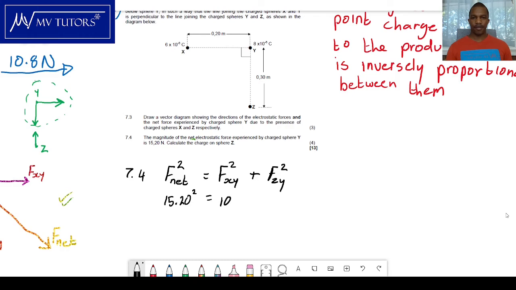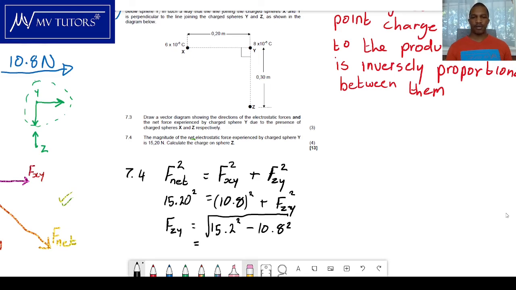So we're going to have 10.8 over there, squared, plus the force of Z on Y. So we have to solve this force. Fortunately, we can do that easily by saying 15.2 squared minus 10.8 squared, and all of this should be under a square root.